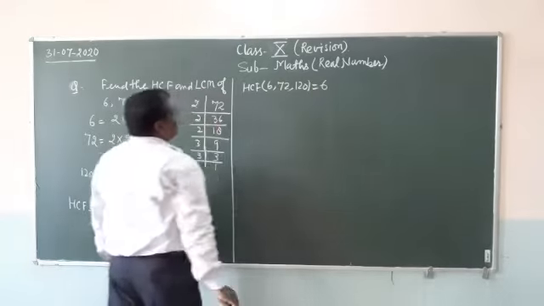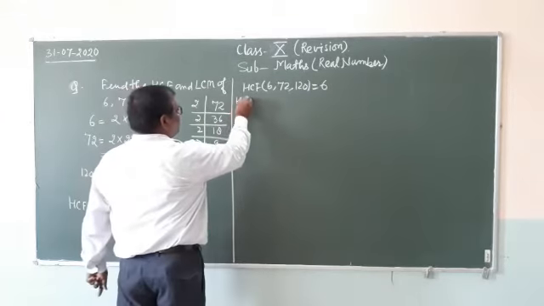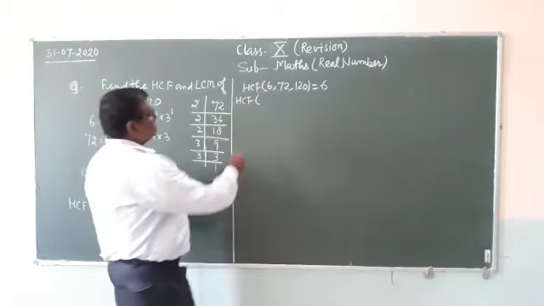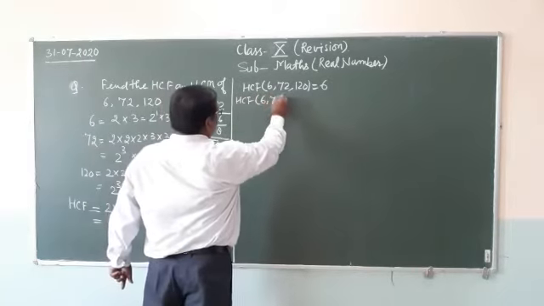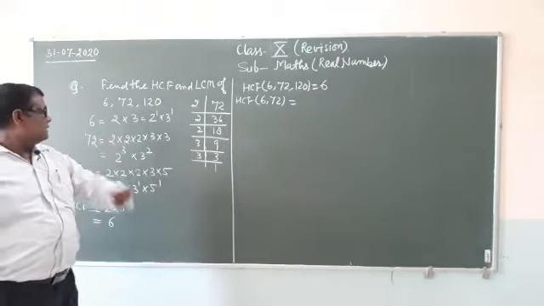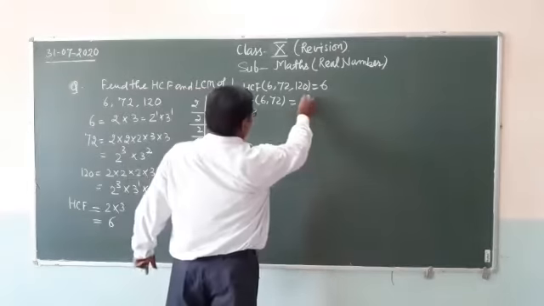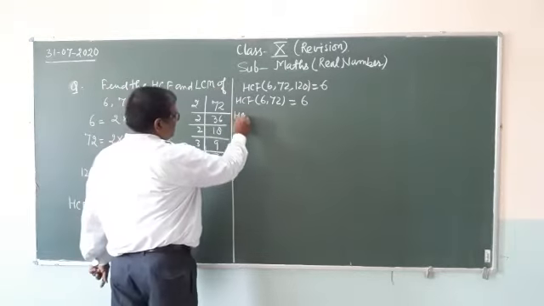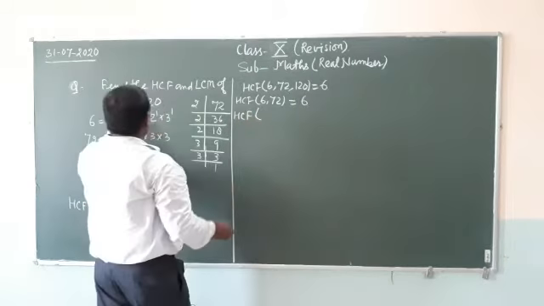Now we find the HCF of only 2 numbers, 6 and 72, which is equal to 6. Now this is also 6, and the HCF of 72 and 120.